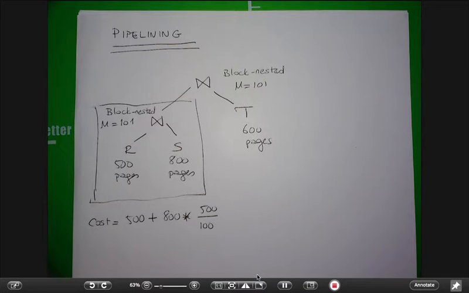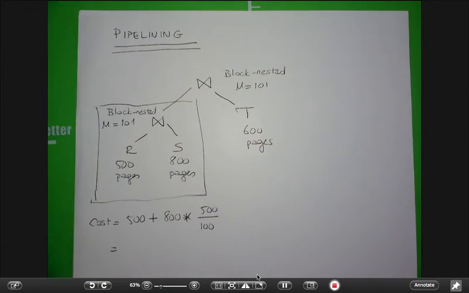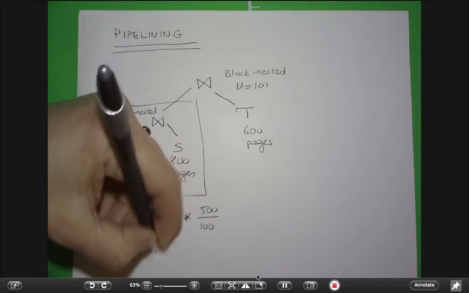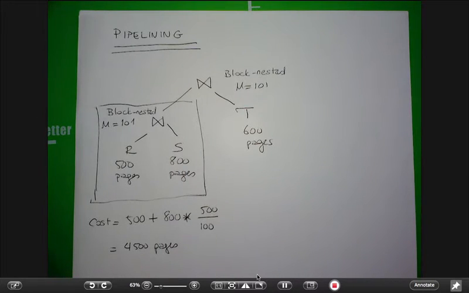Now let's see what happens. After I do the join, the output is 4,500 pages. As I'm computing this, I don't need to join it completely.